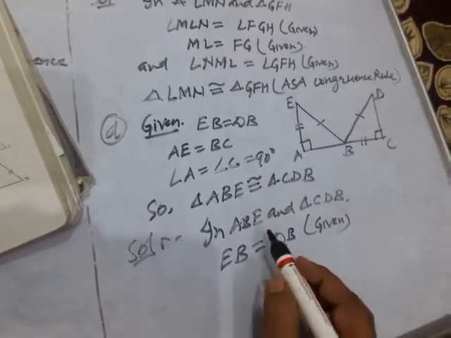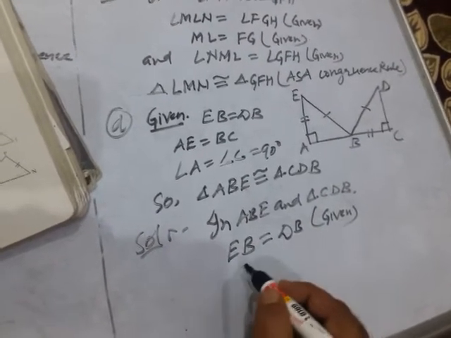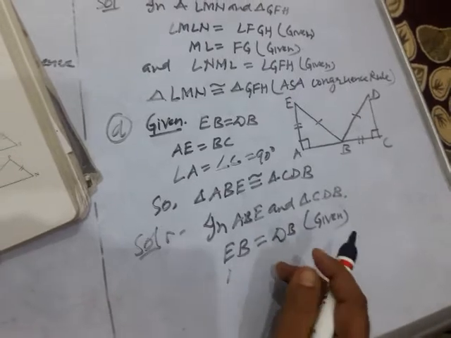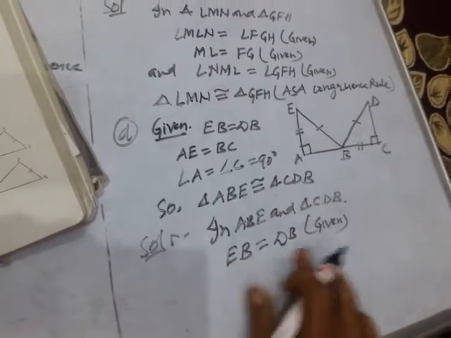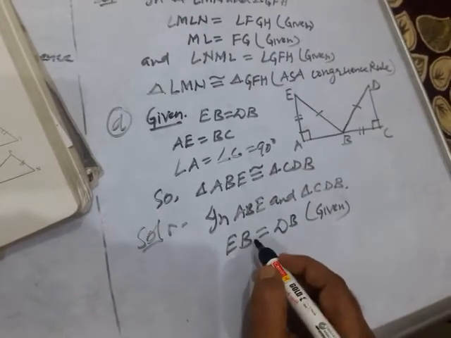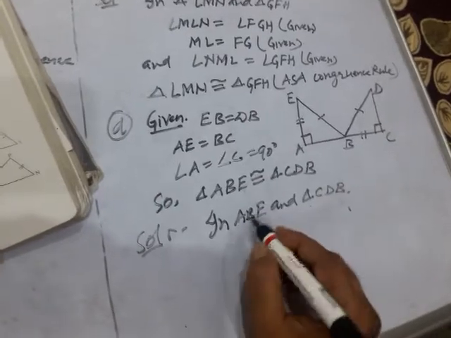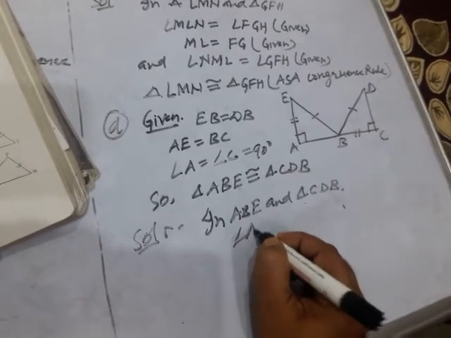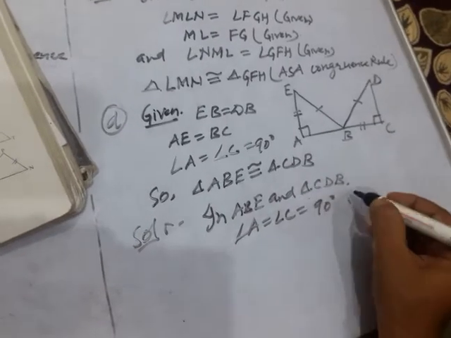And what else? AE equal to BC. Angle A equal to angle C equal to 90 degrees. That is given in the question.